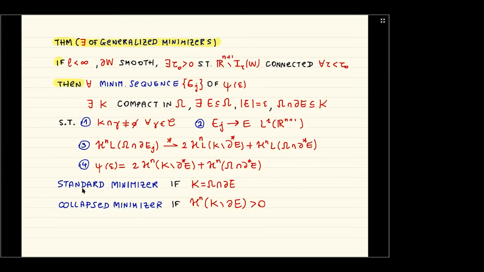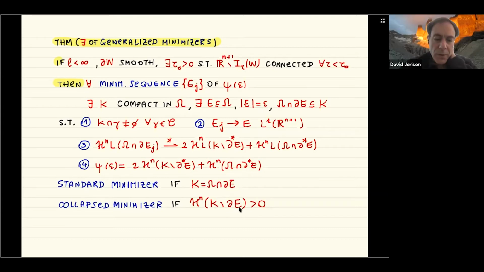We get a standard minimizer if this set K is just given by the boundary of the limiting set. We will get a collapsed minimizer if the area of K minus the boundary of the set is positive.